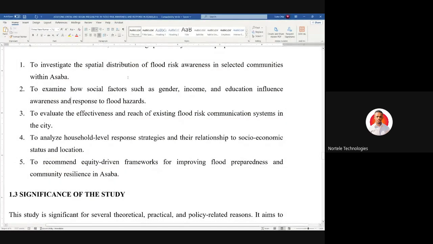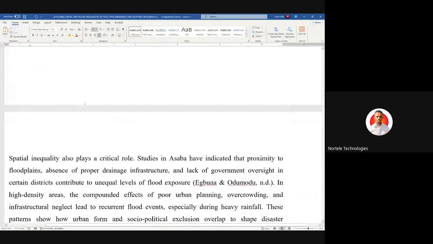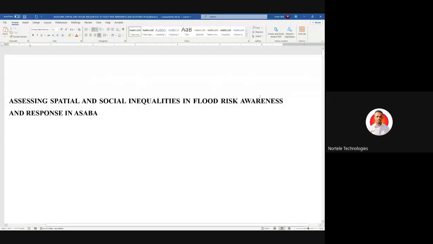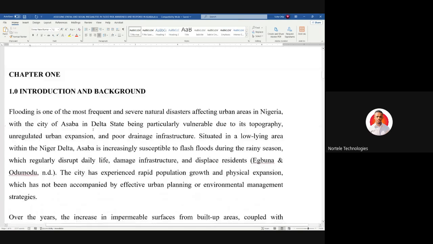Let's give an instance: assessing spatial and social inequalities in flood risk awareness, and one of the person's objectives has nothing to do with social inequality, nothing to do with spatial inequality, nothing to do with flood risk awareness and response. It's just an objective.